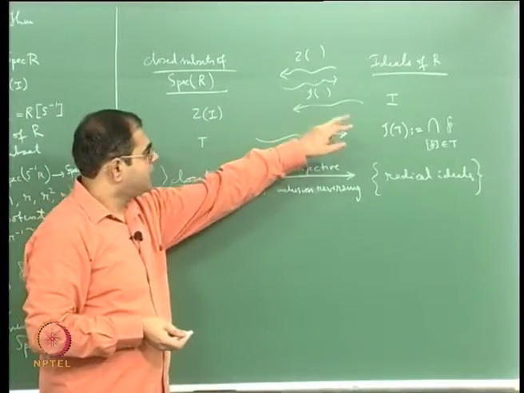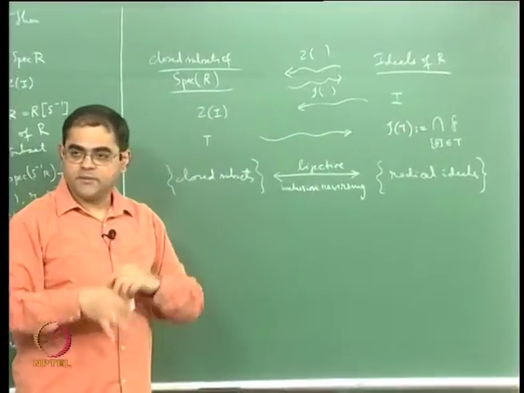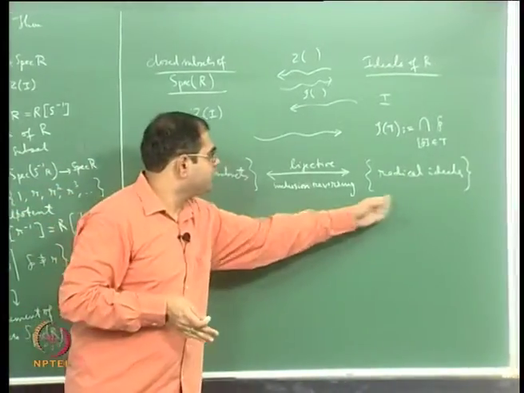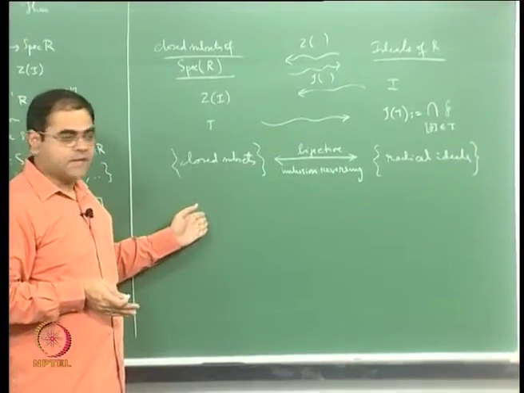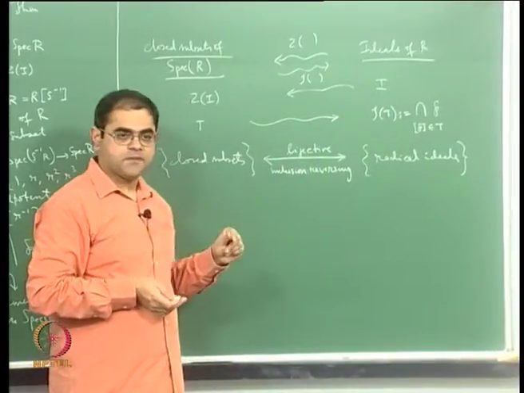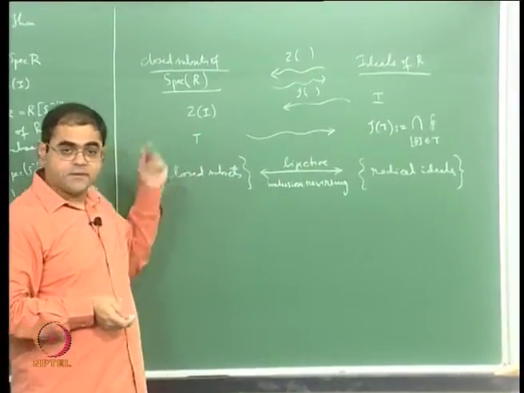In particular the ideal that corresponds to the unit ideal will give rise to the null set, and the ideal which corresponds to 0 will give you the whole space, okay.